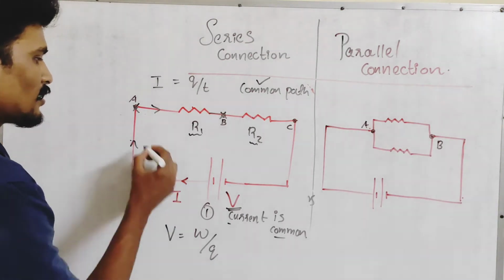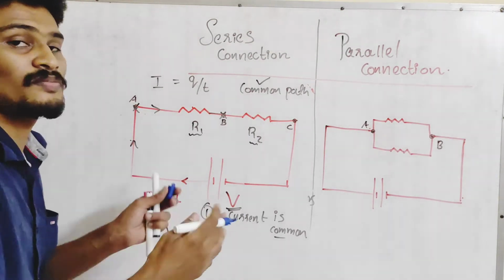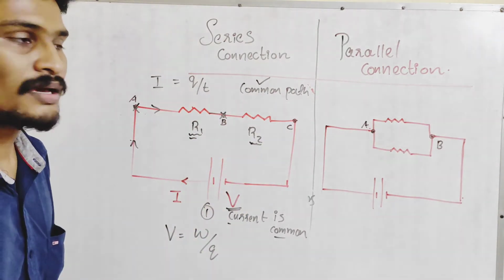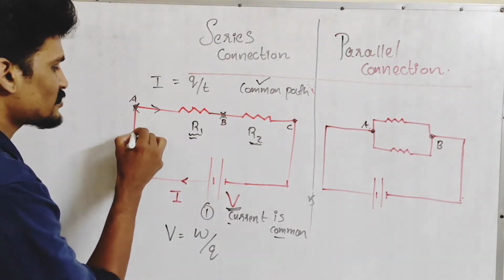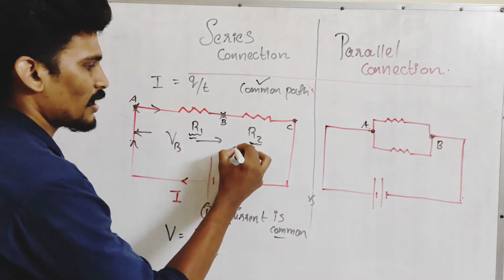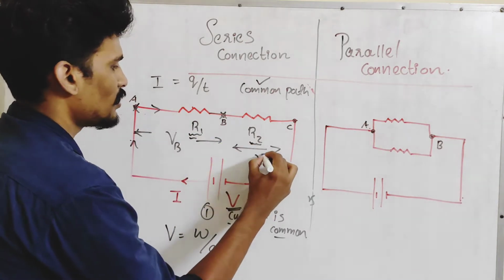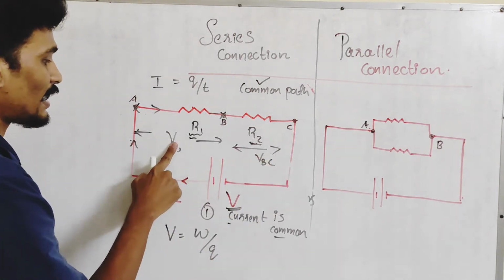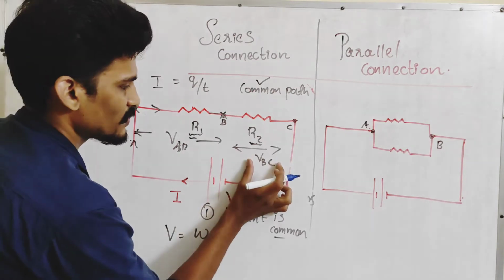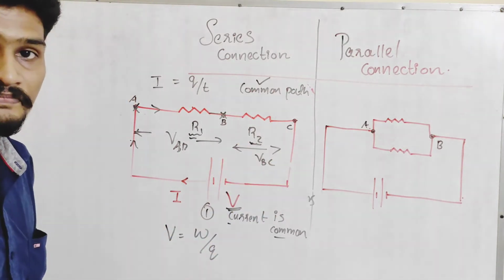So I can say that the battery has to distribute the whole work done to R1 and R2 separately, which means VAB is the voltage between A and B, that is across R1, and VBC is the voltage between B and C, that is across R2.